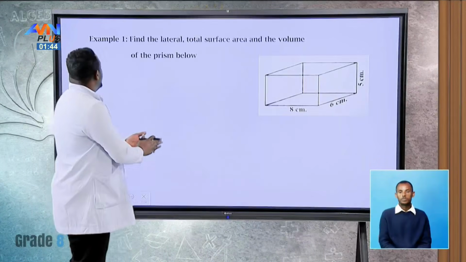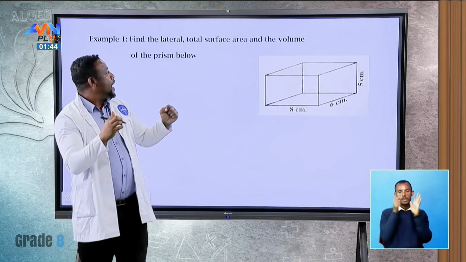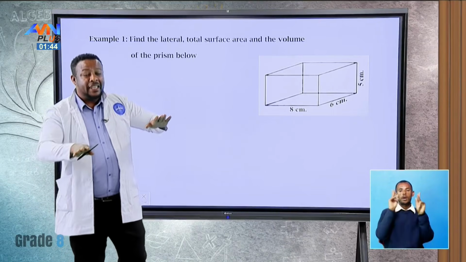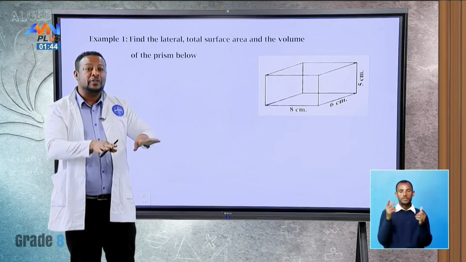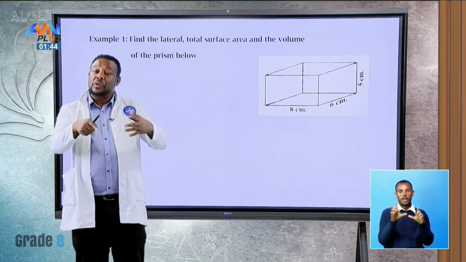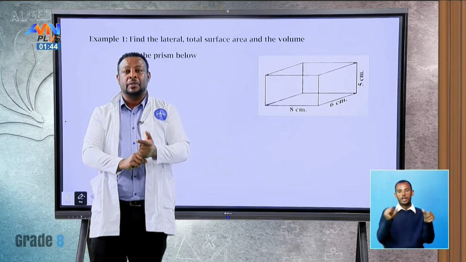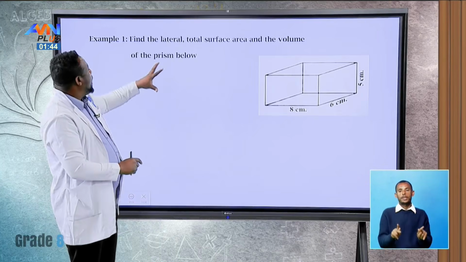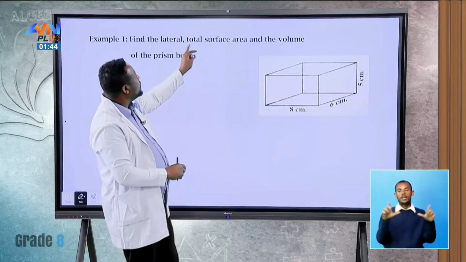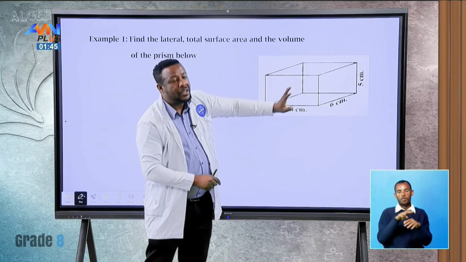Now let's see the first example on a prism. In this first example, we will see how we can calculate the lateral surface area, the total surface area, and the volume of a prism. Find the lateral surface area, total surface area, and the volume of the prism given here.